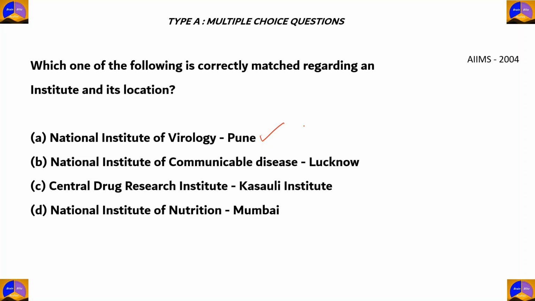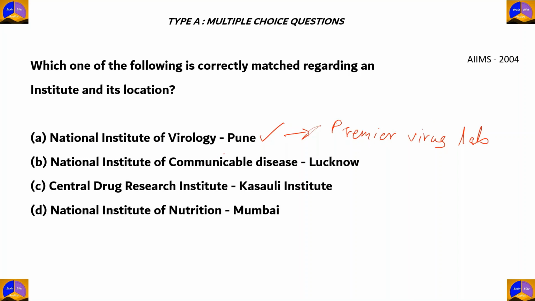Now, this institute is really special in India, as it is the premier virus laboratory in India. So if any new virus comes in India, the first place where it's tested out is the National Institute of Virology, Pune.